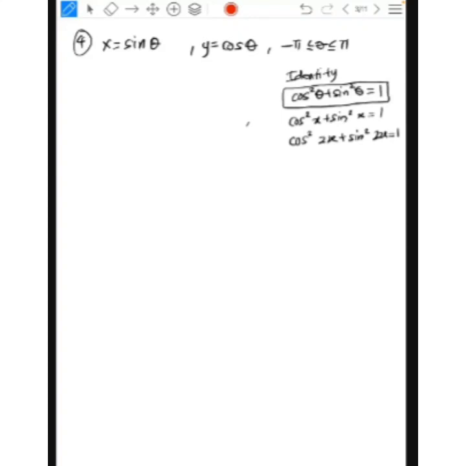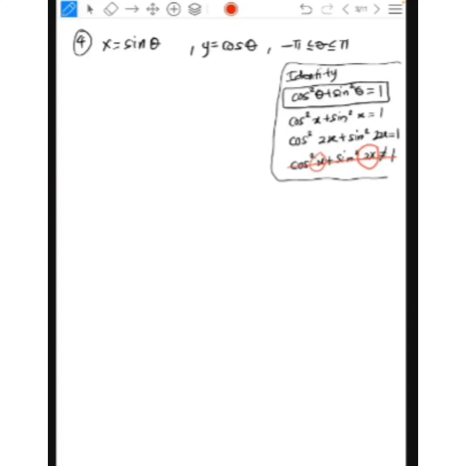Provided that the arguments of cos and sine are the same, the identity will equal 1. But if you have cos squared x plus sine squared 2x, it is not equal to 1. Understand, because students often make this mistake. Why? Because this is x, whereas this is 2x. It's a different argument. So we will use this one.